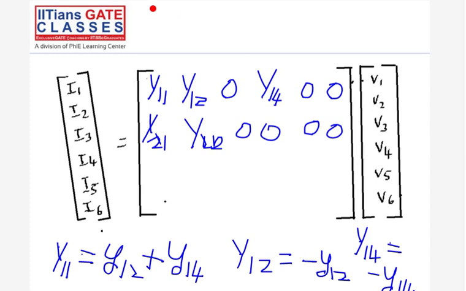Where capital Y21 is equal to minus Y22 is equal to Y21, correct?